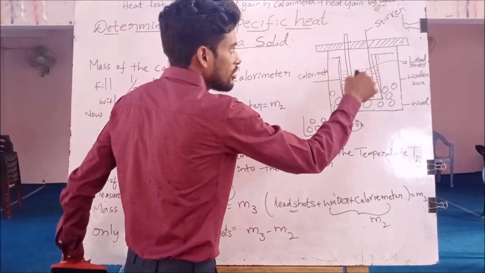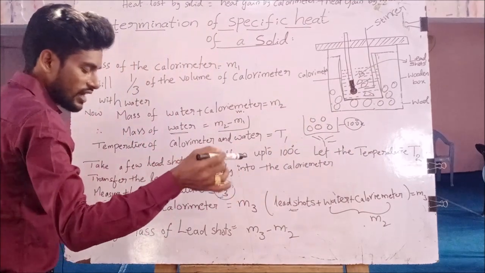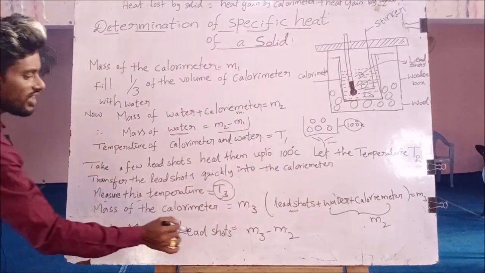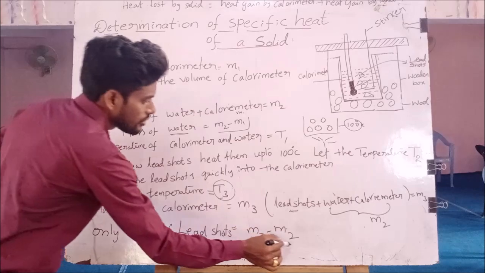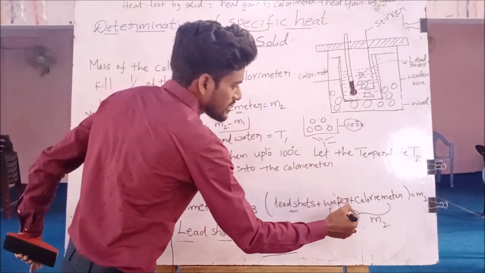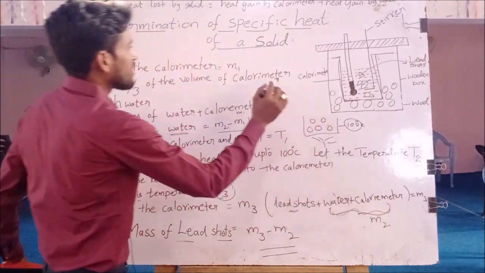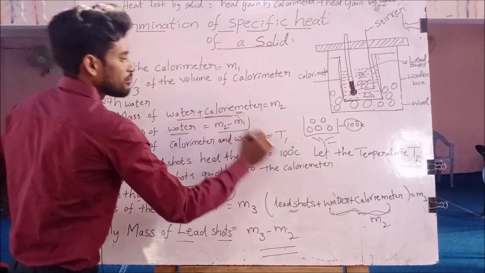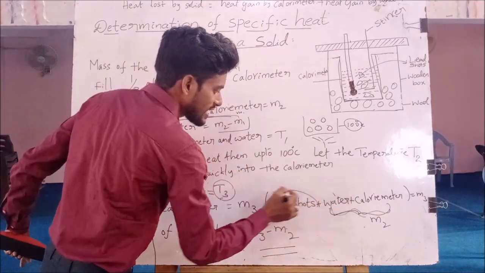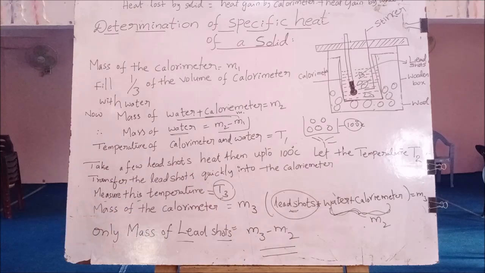Here in this calorimeter you have lead shots and water. That's why the mass of only the lead shots equal to M3 minus M2, because water plus calorimeter is M2. You have to remember this thing.